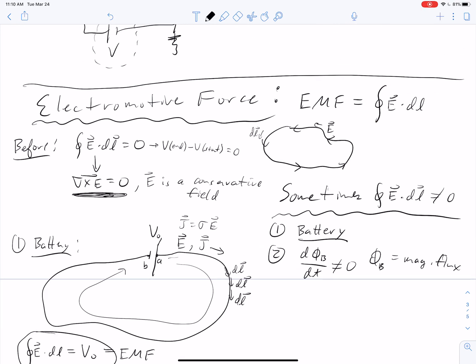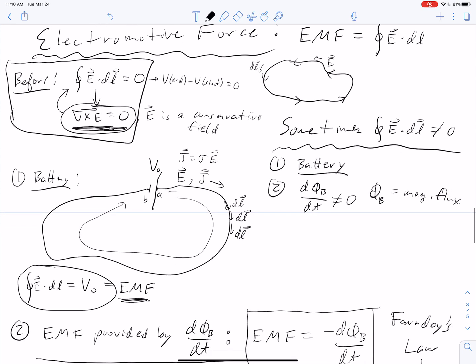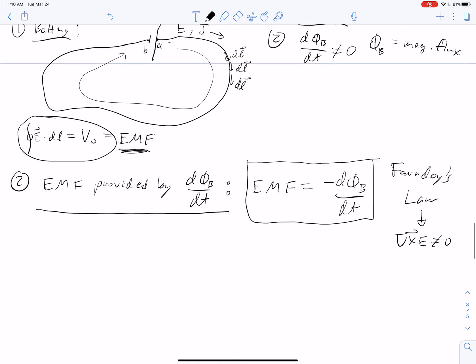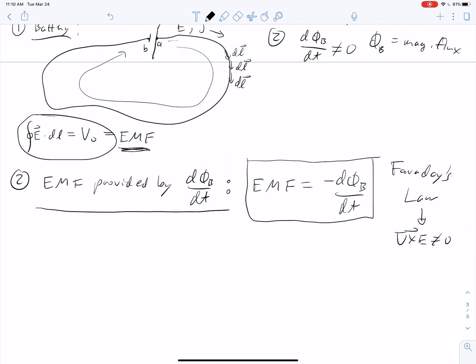We saw from before that if del cross E equals 0, then that immediately leads to the integral of E dot dl equals 0 from Stokes' theorem. We derived that. So if I want E dot dl to not equal 0, then I've got to make sure that my del cross E does not equal 0.